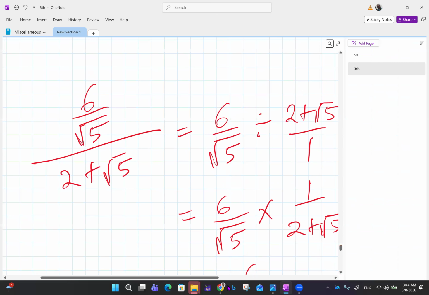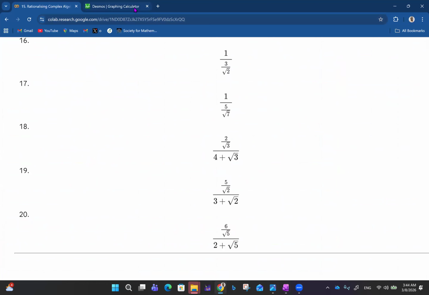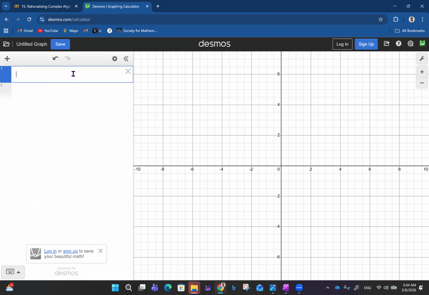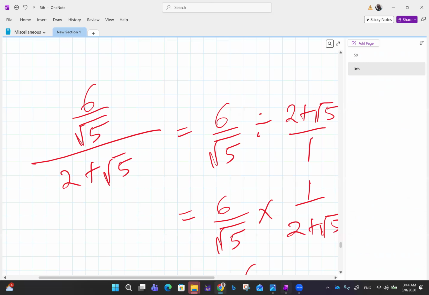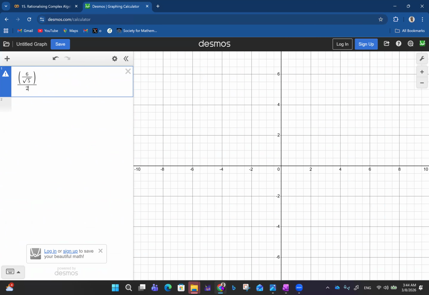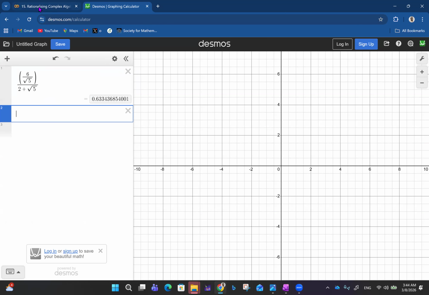So here now we have 6 divided by square root of 5, all of this again divided by 2 plus square root of 5. So we have that. So what did we end up getting?